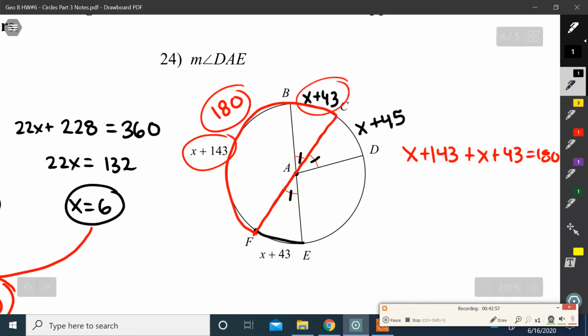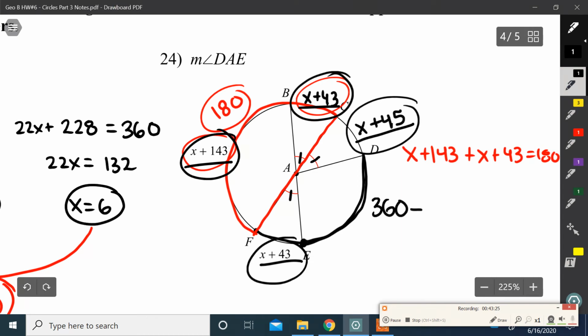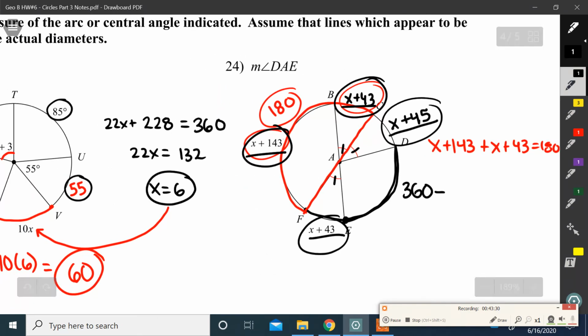Okay? Figured out what x is. After you figure out what x is, you're going to know what this is, what this is, what this is, and what this is. And then to get this portion right here, which is what they're asking you to find, DAE, you're going to have to subtract 360 minus whatever you get here, here, here, and here. Okay? So see if you can figure that one out by yourself.